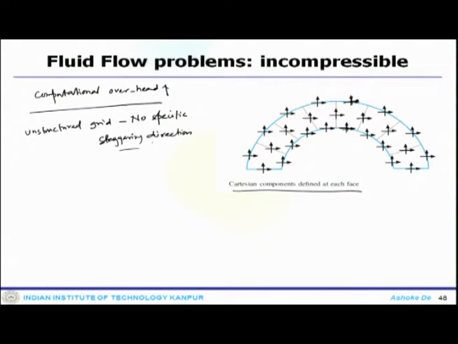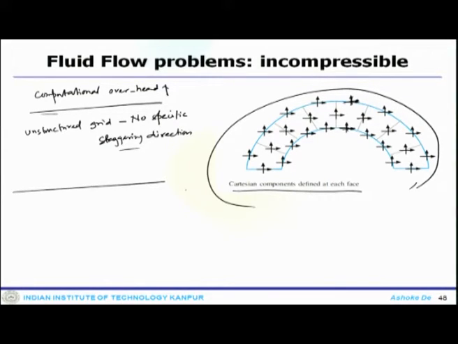The only way for the staggering concept to apply is by changing the size of the cell elements used for pressure and velocity components. Finally, the geometric information is also stored, more than doubled, in this kind of arrangement, which increases the computational overhead like anything. So, when you see all these advantages and disadvantages, or rather pros and cons, it turns out that the collocated grid system is quite attractive.